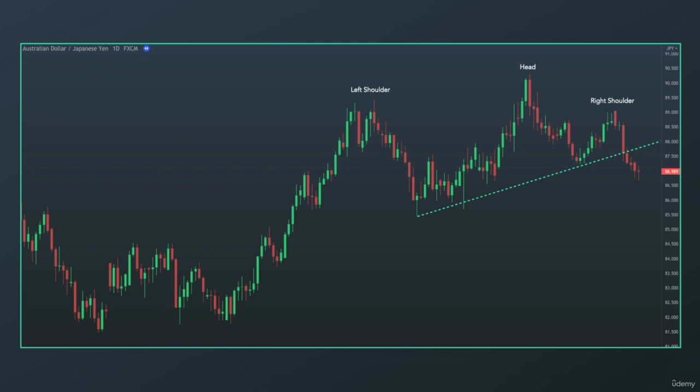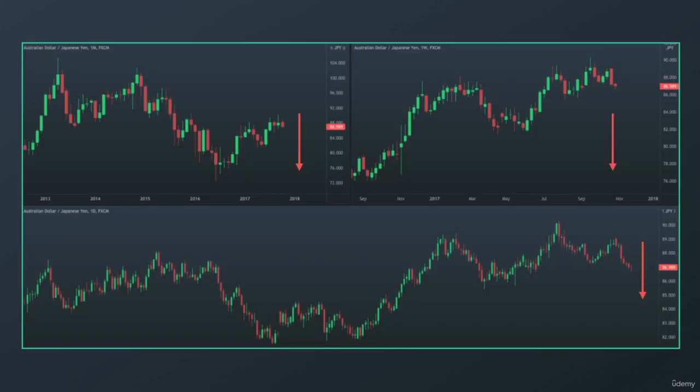Since this is a bearish head and shoulder pattern, our bias on the daily time frame is bearish. So the monthly time frame is bearish, the weekly time frame is bearish, and the daily time frame is also bearish. So we can expect a move downside.